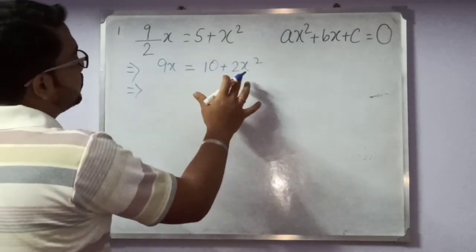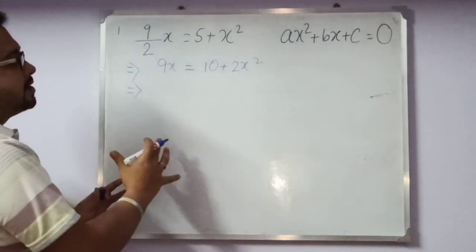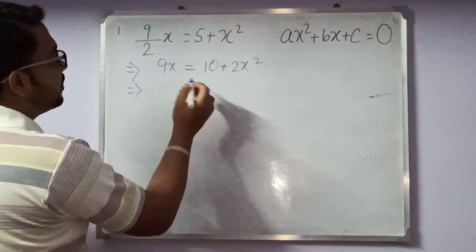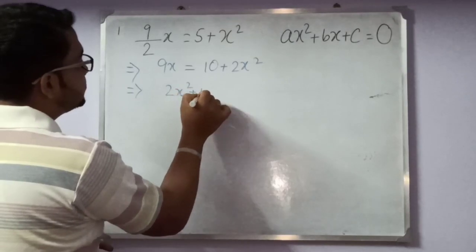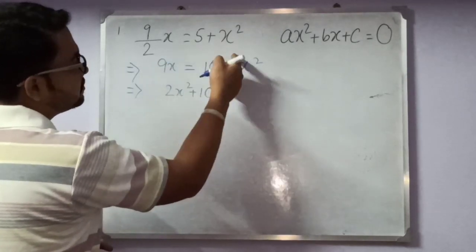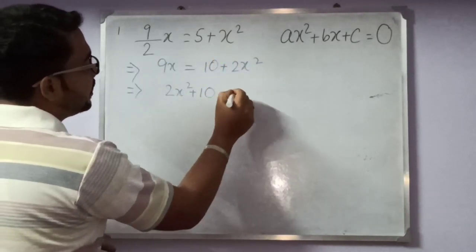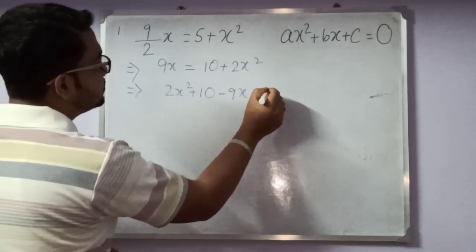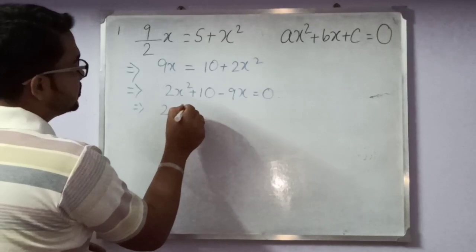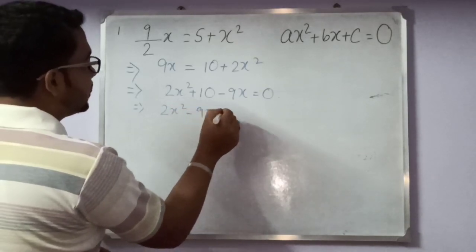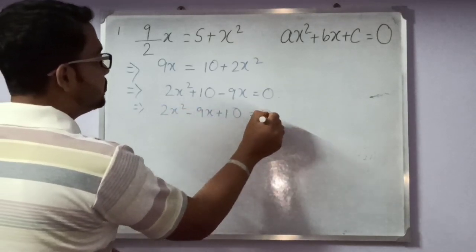Now rearrange all the things on one side. So we have 2x² plus 10. This 9x comes to this side and forms minus 9x is equal to 0. So this is 2x² minus 9x plus 10 is equal to 0.